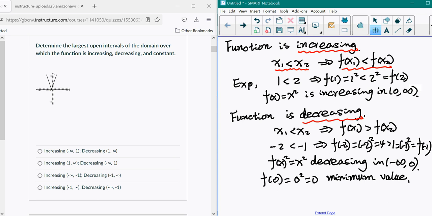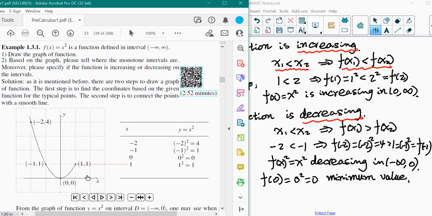Now, here is the example we have seen before. In this function, when x equals 1, 1 squared is 1. And when x is 2, 2 squared is 4.